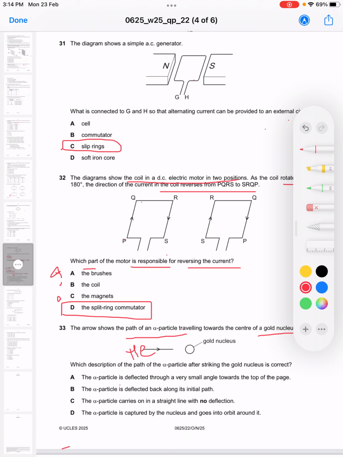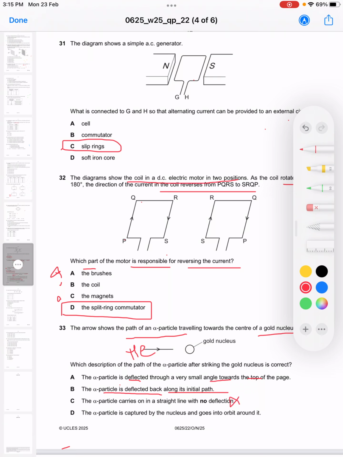The alpha particle is deflected through a very small angle towards the top of the page. No. The alpha particle is deflected back along its initial path. Alpha particles go on a straight line with no deflection.